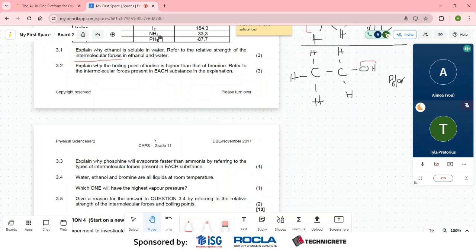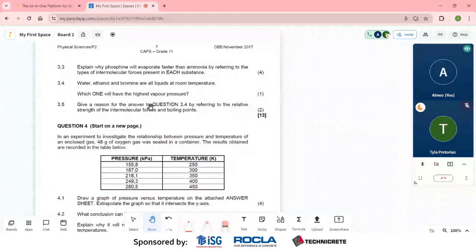And weaker forces will cause molecules to evaporate faster, and stronger intermolecular forces will cause your molecules to evaporate slower. Okay, so you might just want to go back, listen to that answer again, write down some of the points we made.